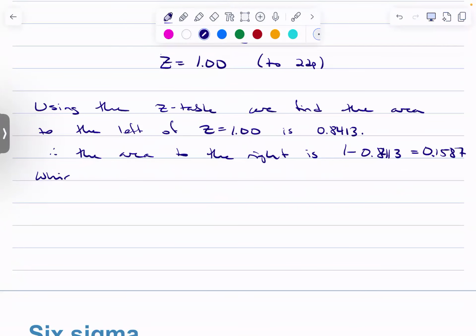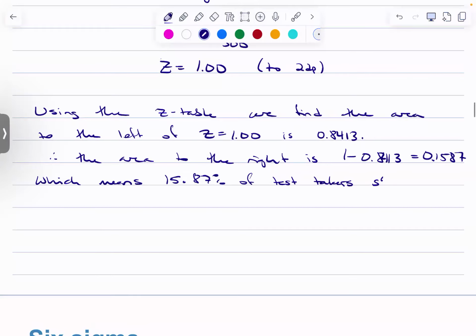Which means 15.87% of test takers scored higher than Pam. Oops.